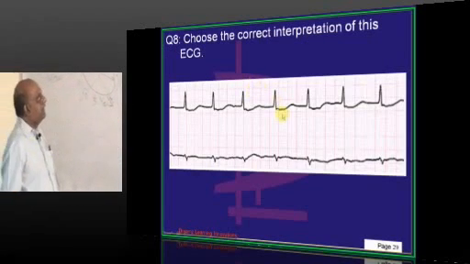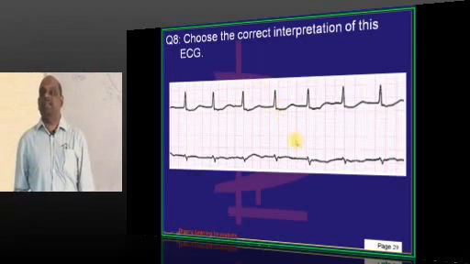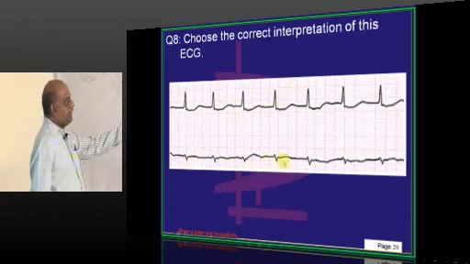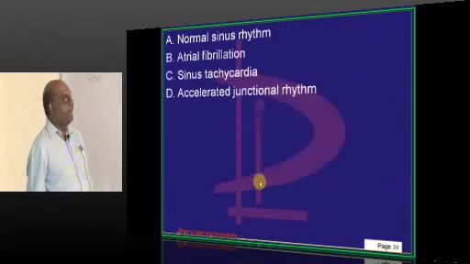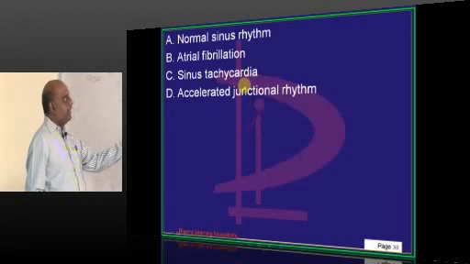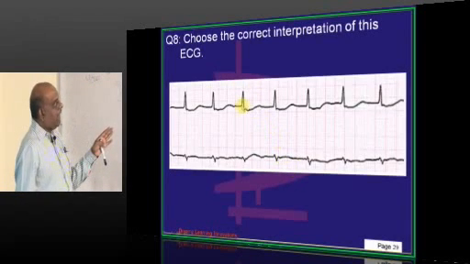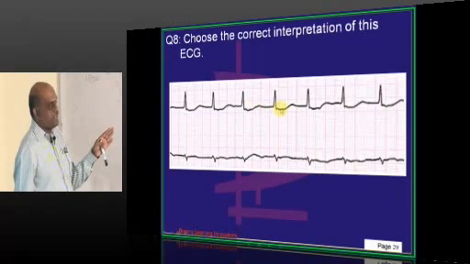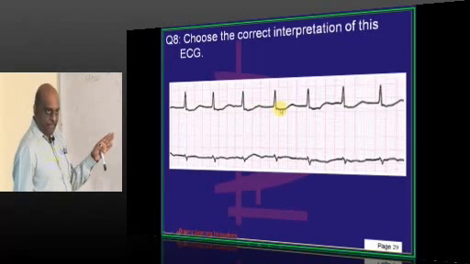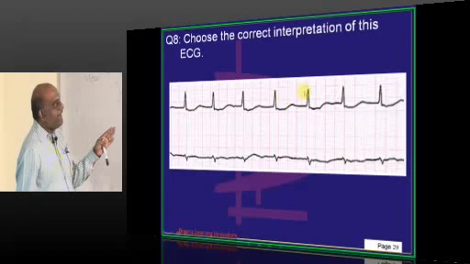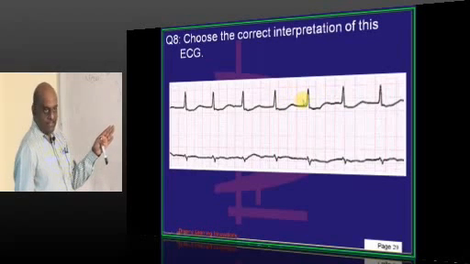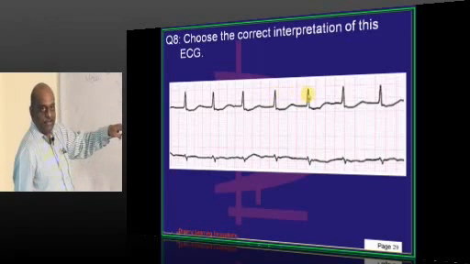Then doctor, what is the correct interpretation of the ECG which you are able to see? What you are seeing here are the QRS complexes, right? And what is the heart rate here? How many large boxes are there? 3 large boxes between one QRS and the other QRS.